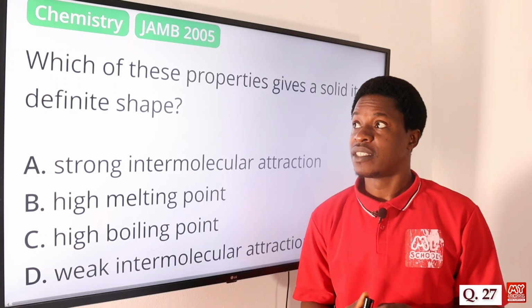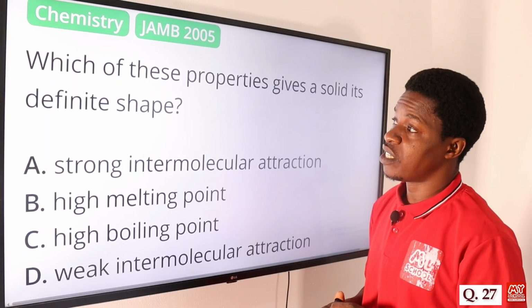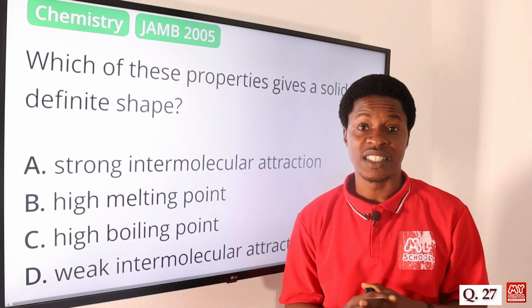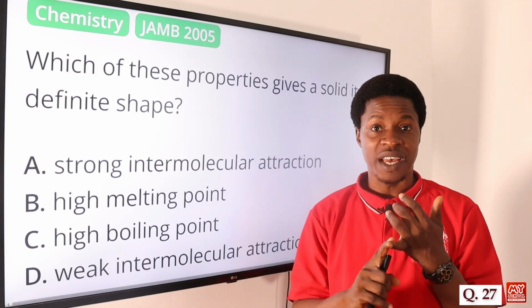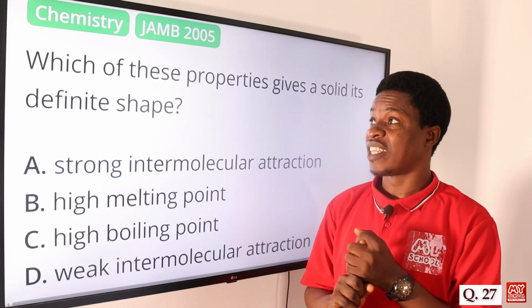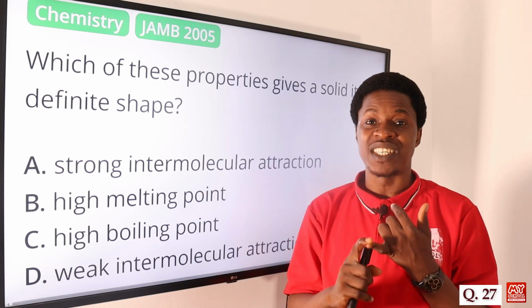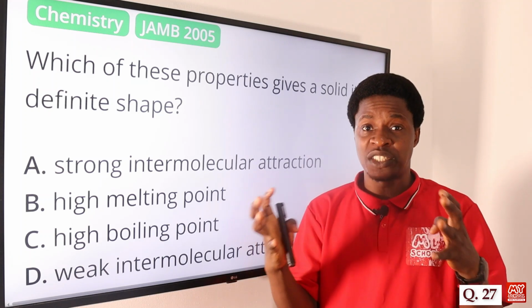Question number 27. Which of these properties gives a solid its definite shape? Don't forget that of the three major states of matter, we have the solid, the liquid, and the gaseous state. Substances that are solid usually have a definite shape and definite volume, based on the kind of particles that made them.